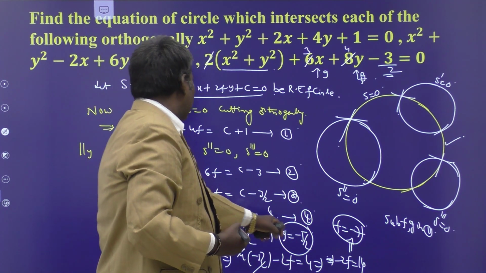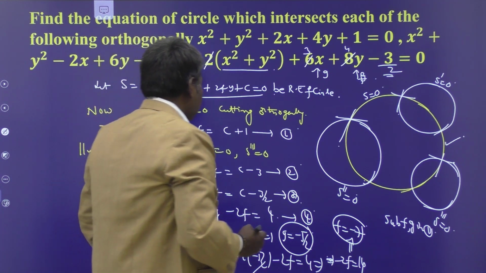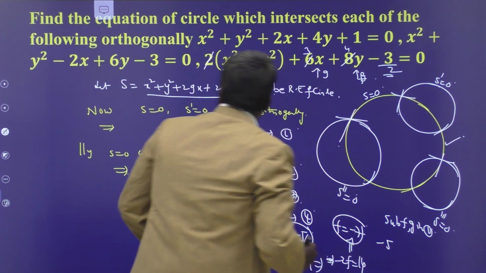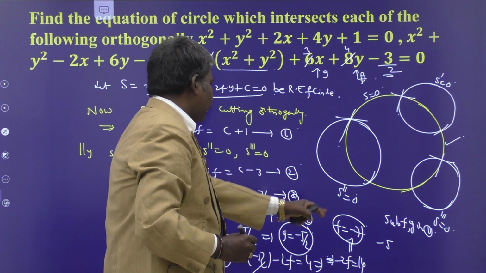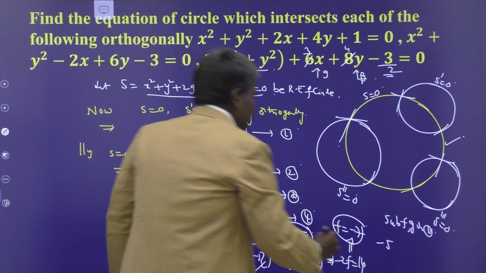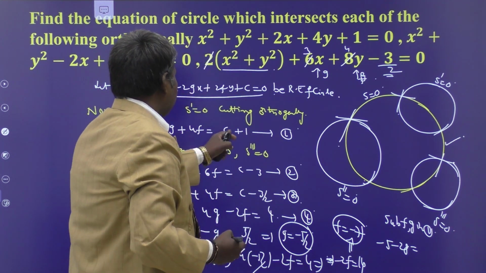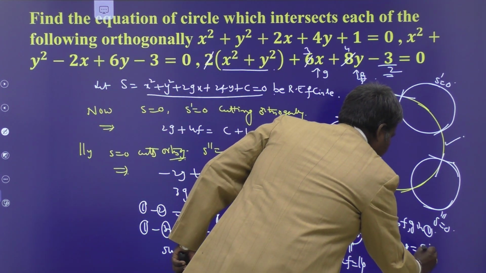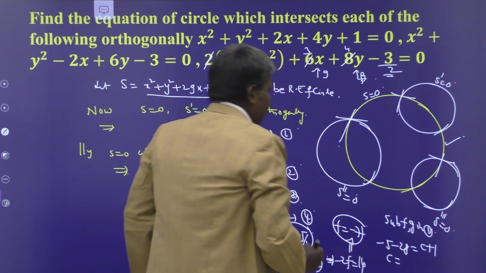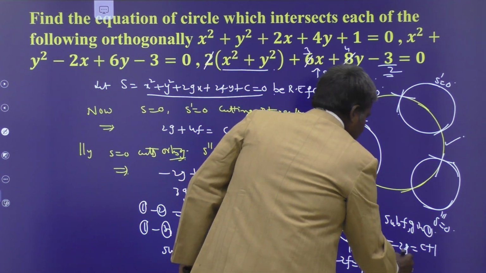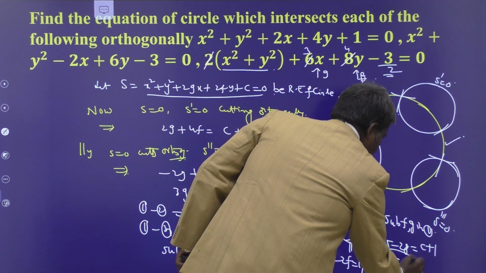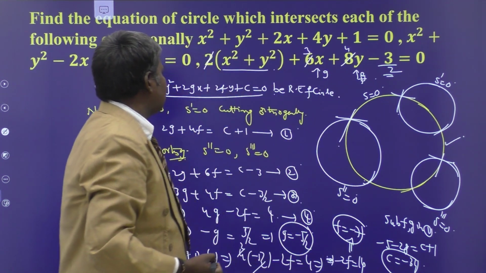Minus 5 by 2. 2 into minus 5 by 2 we mean minus 5. Next, plus 4 into f, 4 into minus 7, minus 28, is equal to c plus 1. So what is the value of c? This is minus 33, minus 34. The value of c is minus 34.